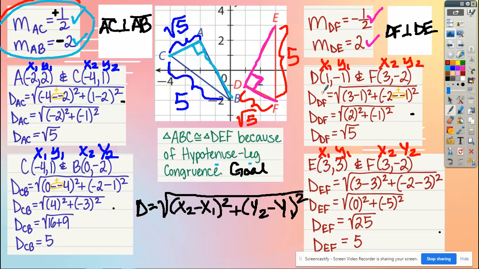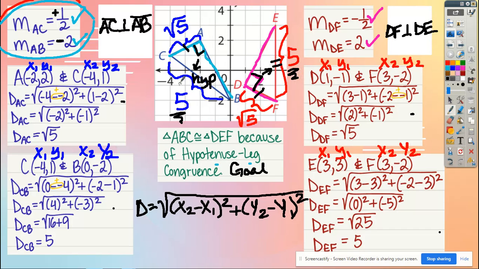And then the last thing left is to check whether or not you have enough information to prove these triangles congruent. First, do I have the square root of 5 matching the square root of 5? Yes. Do I have a right angle that points to a hypotenuse? That is 5. And a hypotenuse that points to, a right angle that points to hypotenuse, said that backwards, the number 5.